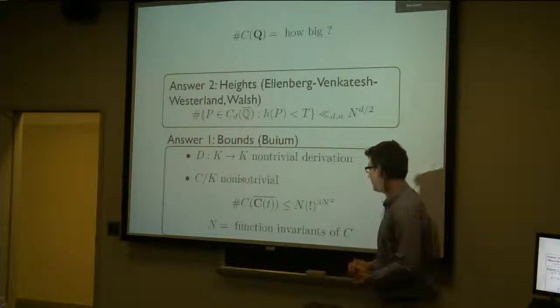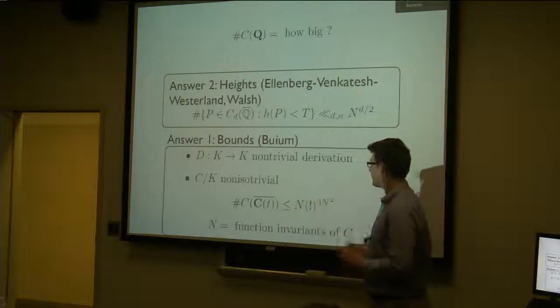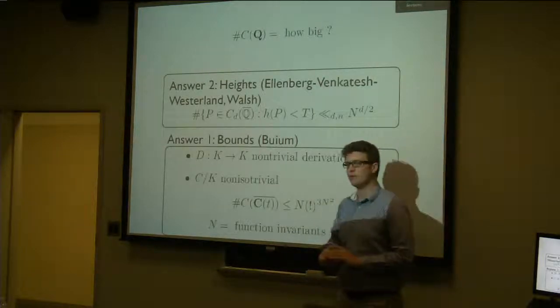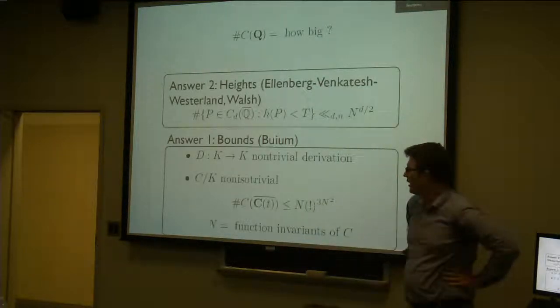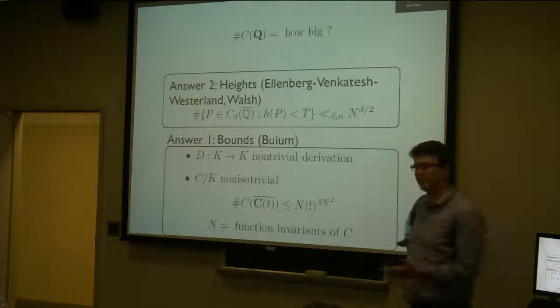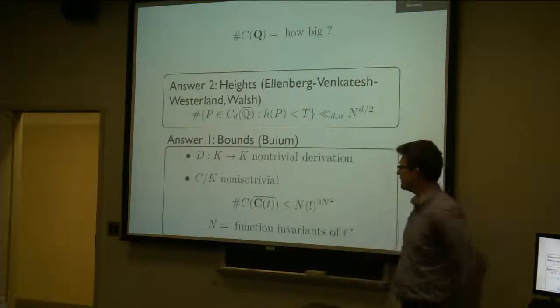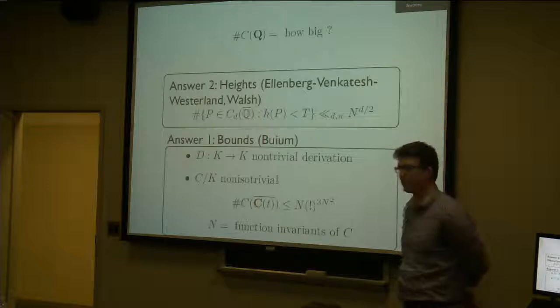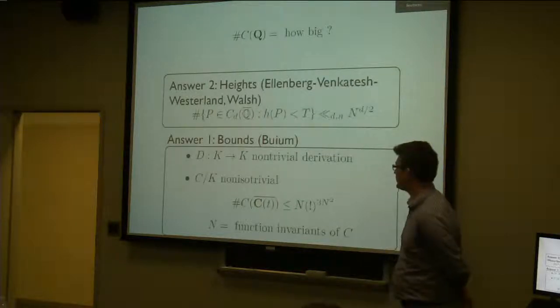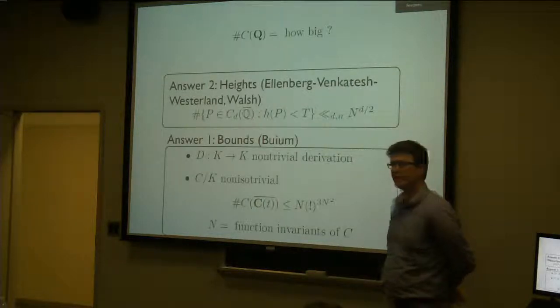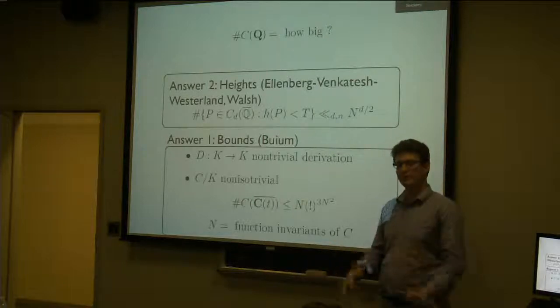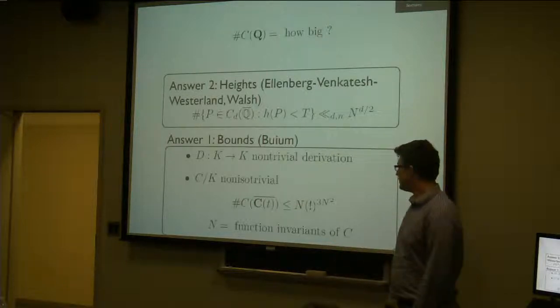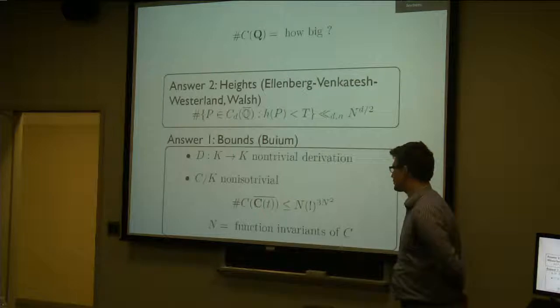So this is a theorem where you're in the function field case. If you have a curve of genus bigger than or equal to 2 in the function field case, and you're working over a field with a non-trivial derivation, and C over K is not isotrivial, I'll talk about what that means in a little bit, then you have this explicit bound on the number of rational points.